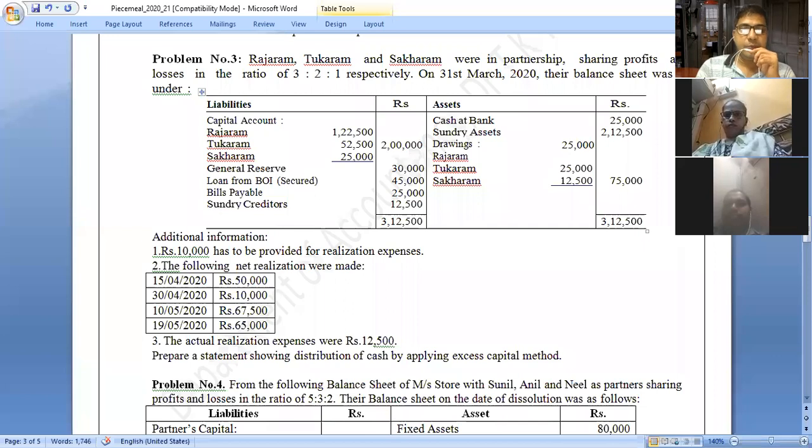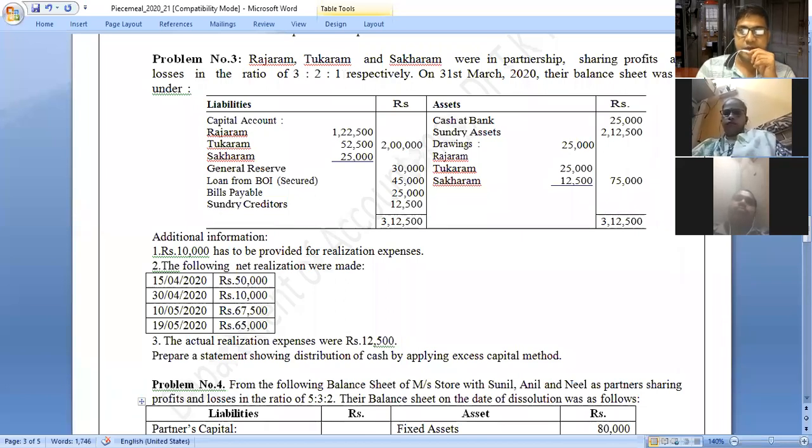Then one more item is there in our question, general reserve. General reserve we have to add to the capital. 30,000 amount of general reserve is there. This 30,000 we will distribute among the partners as per their profit sharing ratio, so we distributed on 3 is to 2 is to 1 basis.